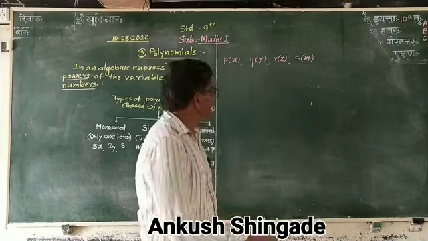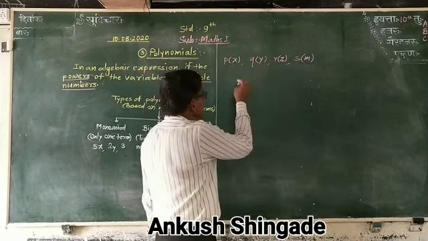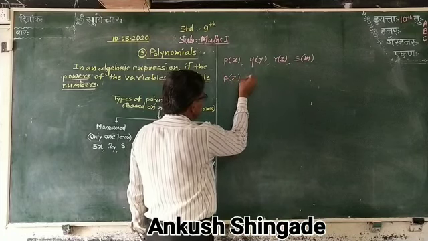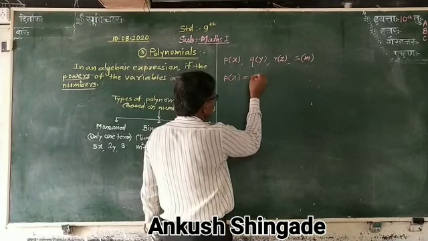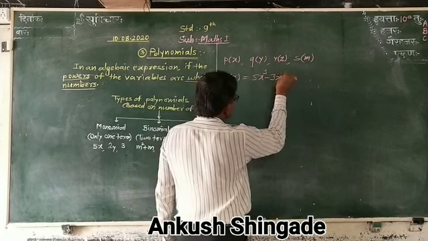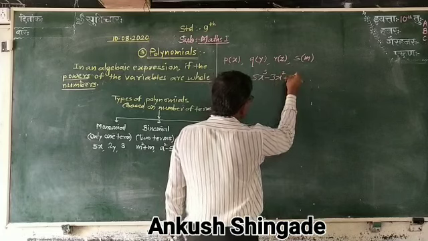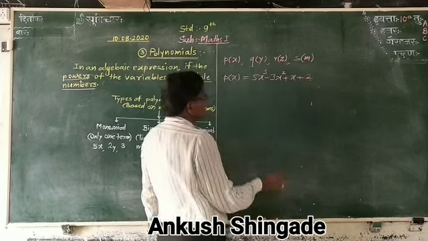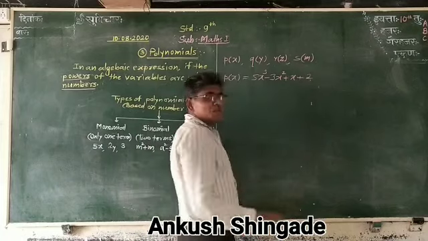For example, p(x), a polynomial in x variable, that is 5x cube minus 3x square plus x plus 2. This is the polynomial.